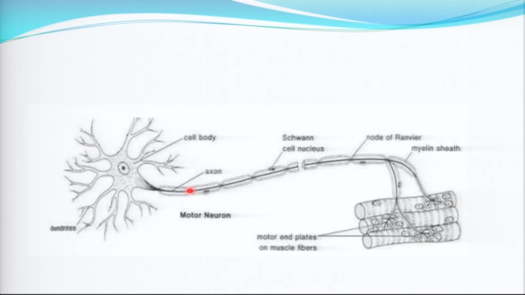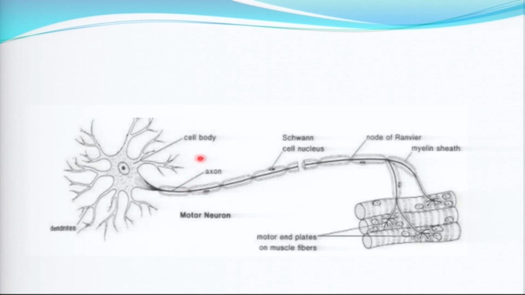Are you getting this? If you move slowly like this, it will be different from moving like this, so it can increase your speed. So when the message reaches one node of Ranvier, the impulse can now jump to the next one. Are you getting this point? So this is the role of the node of Ranvier.